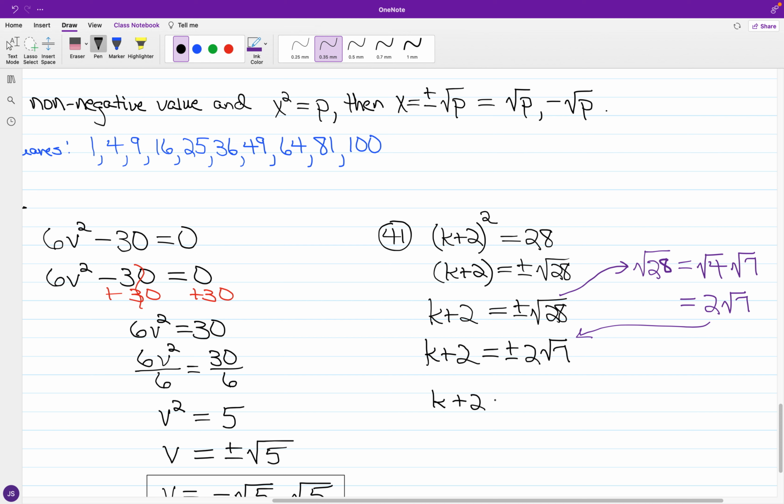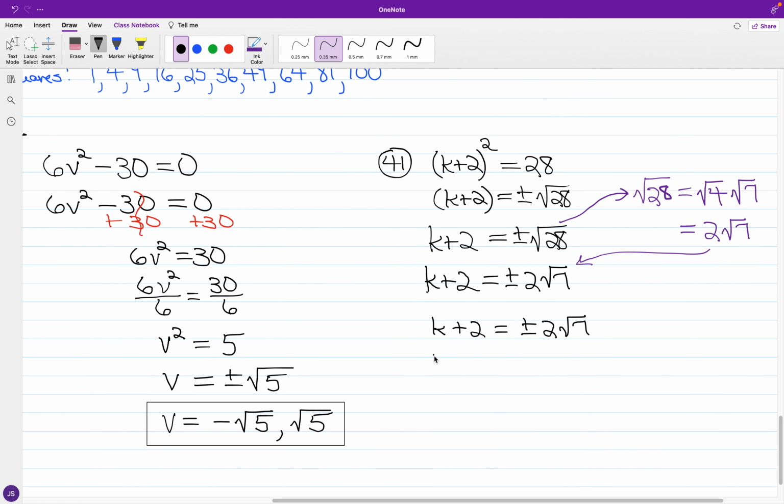And looking at expressing in terms of k by itself, just to balance, if I get k by itself, I'm going to take 2 away from both sides. And for plus or minus 2 times the square root of 7, if I take away 2, I'm just going to put the subtraction out to the front.